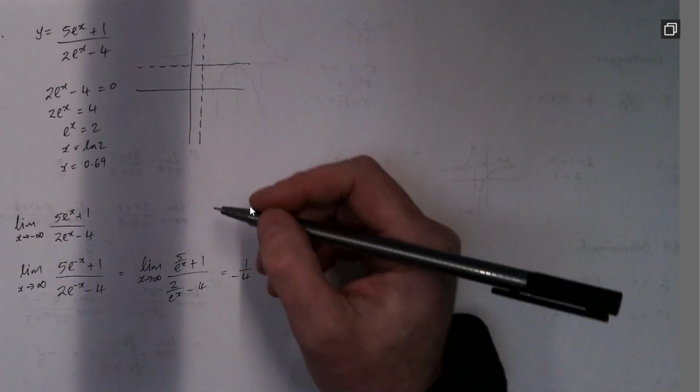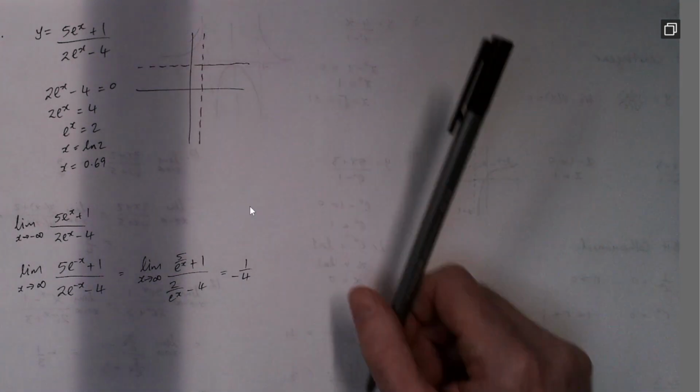So that means the horizontal asymptote needs checking on the graph.